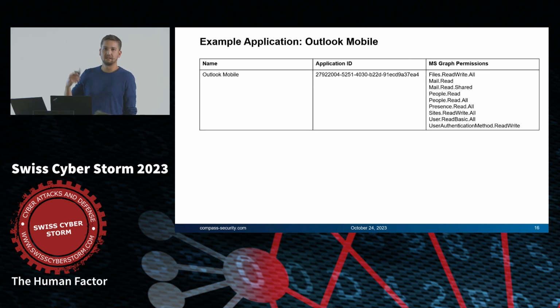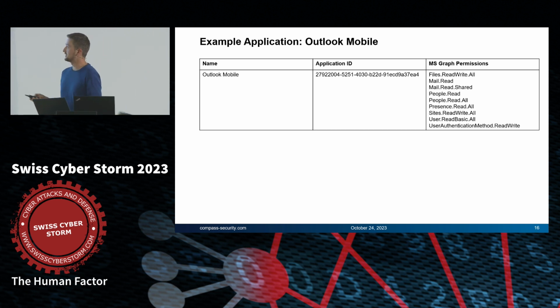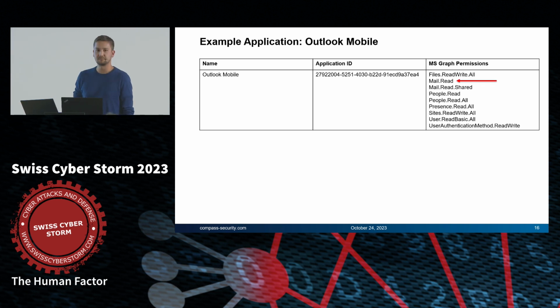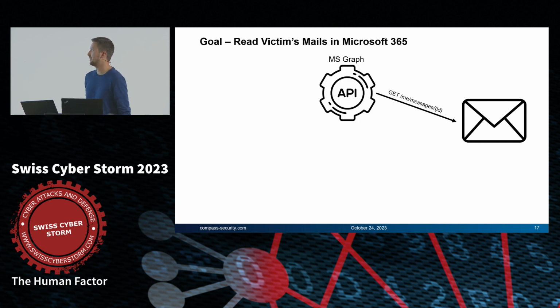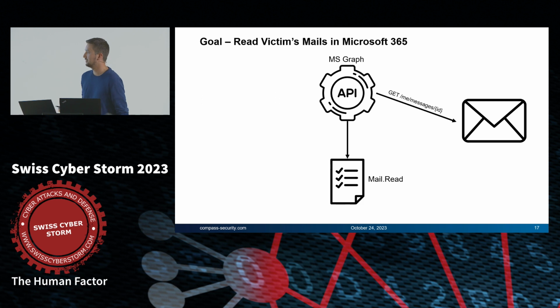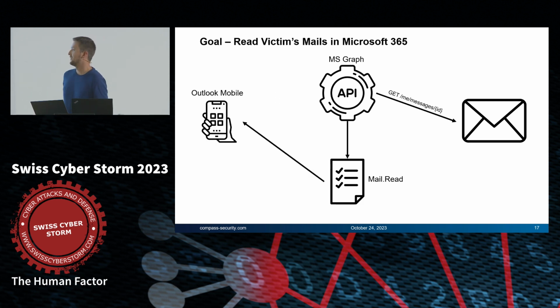If we enumerate a lot of Microsoft applications, we come across the Outlook Mobile application that has this Mail.Read permission. So we have MS Graph, we know this API call, we know we need the Mail.Read permission, and we know we want to impersonate the Outlook Mobile application.